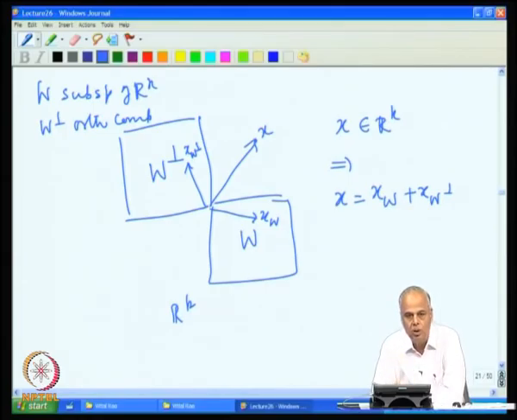Suppose now we have this vector x and we do not have any information of W perp, and therefore we would like to get as much information about x from W alone.